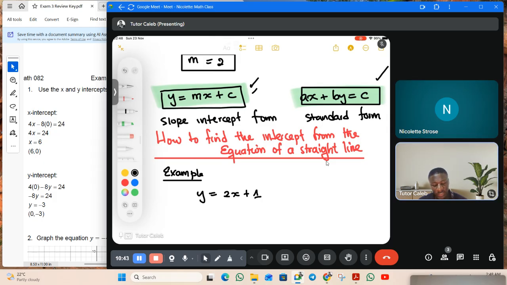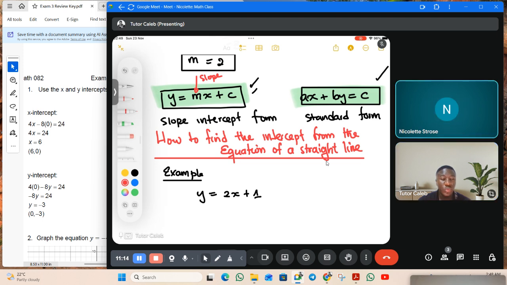In that class, I told you that in this expression, m here is the slope. Remember? I taught you how to find the slope. Is it the middle of the plane?